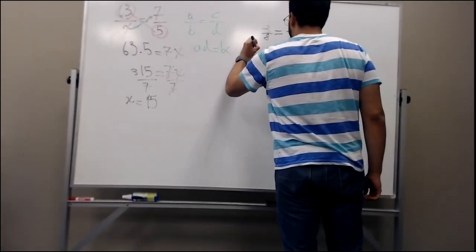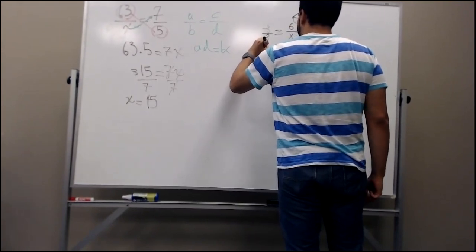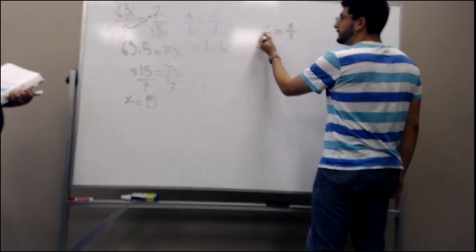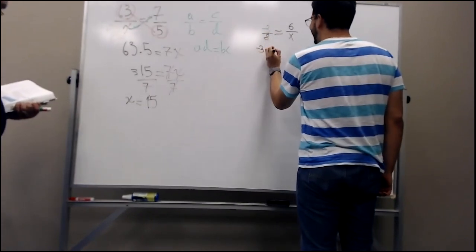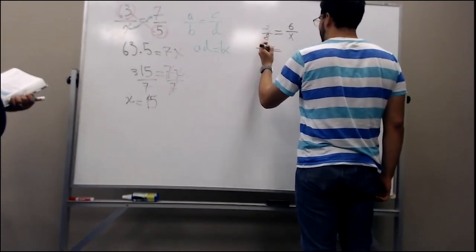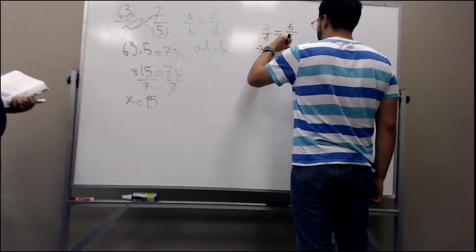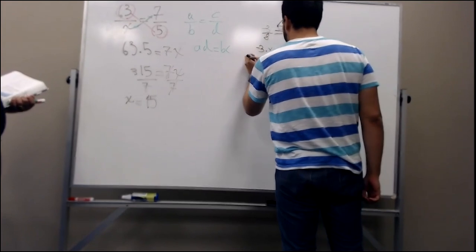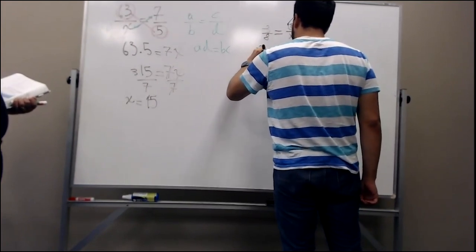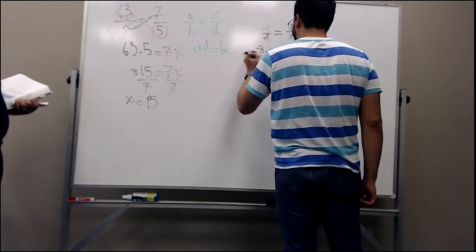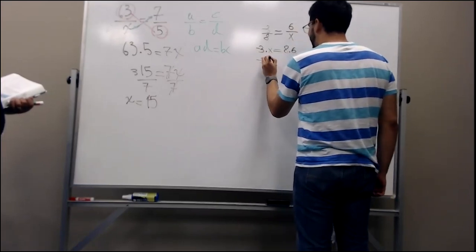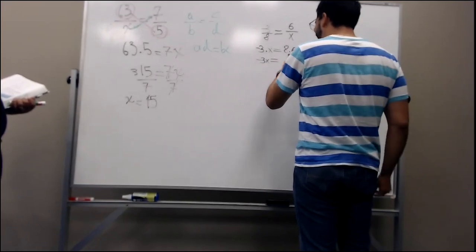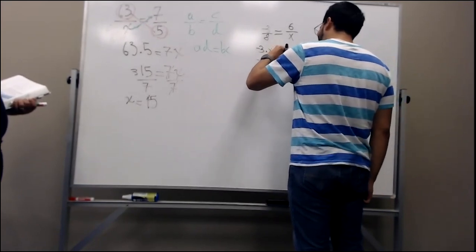So that would be minus 3 times x equals 8 times 6. So that's equal to minus 3x, equal to 8 times 6.